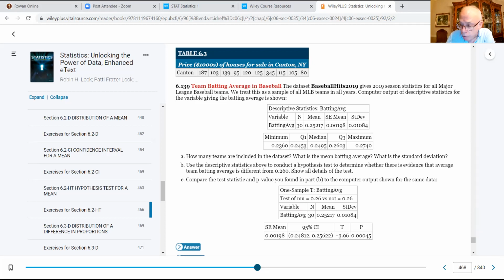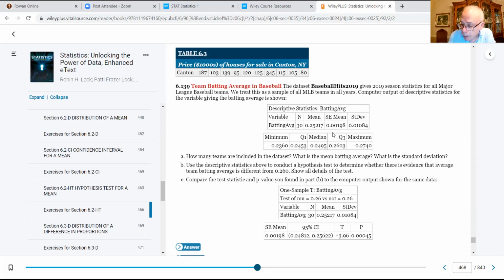The average of those 30 teams is 0.25217. That's going to be X bar, and S is going to be 0.01084. Ignore the one down here. Let's just do this one.